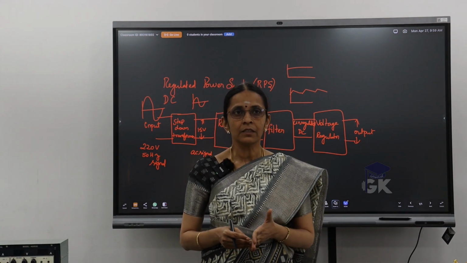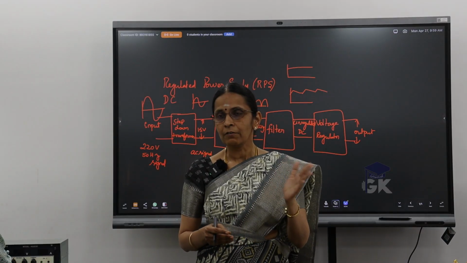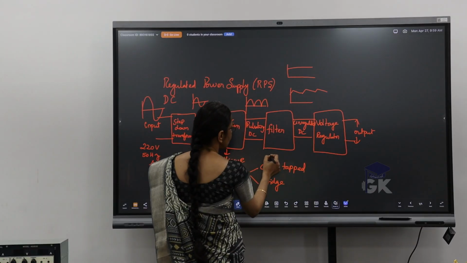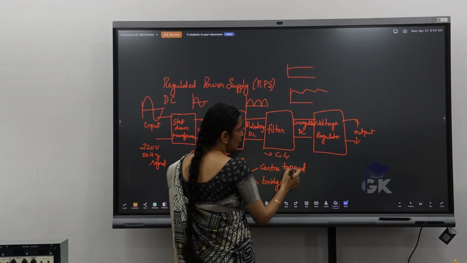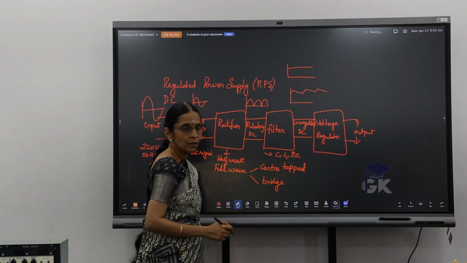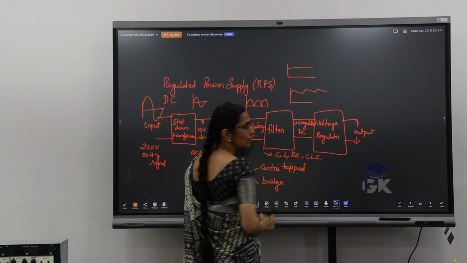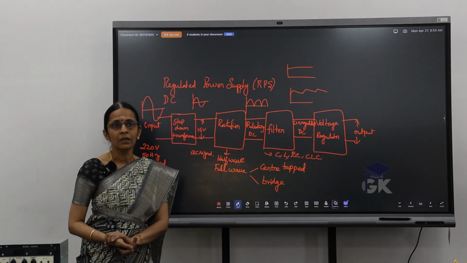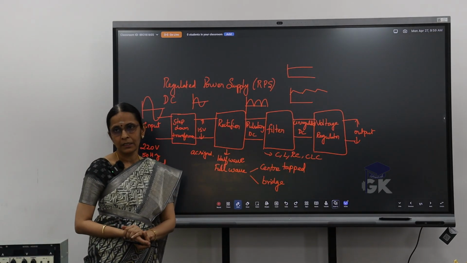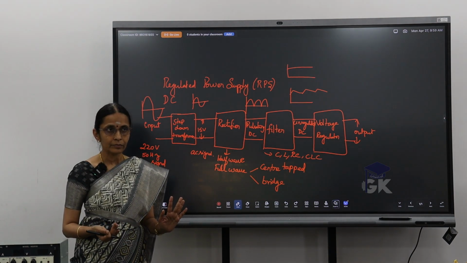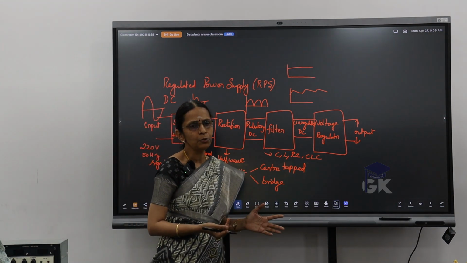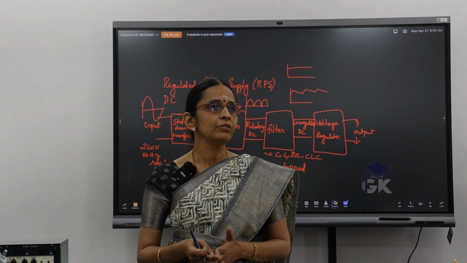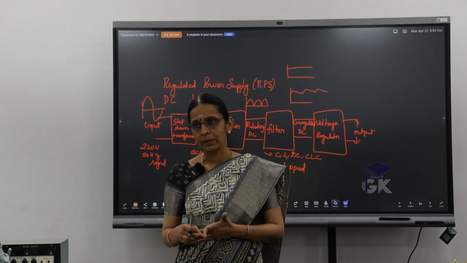I can have an RC filter, I can have a CLC filter where I have a combination of capacitor, inductor and then a capacitor. Like that I can have the combinations and use those components for filtering my pulsating DC. Clear till this? Okay, so generally what we do is we prefer capacitor because inductor will be bulky by nature. So we prefer the capacitor as the filter component.